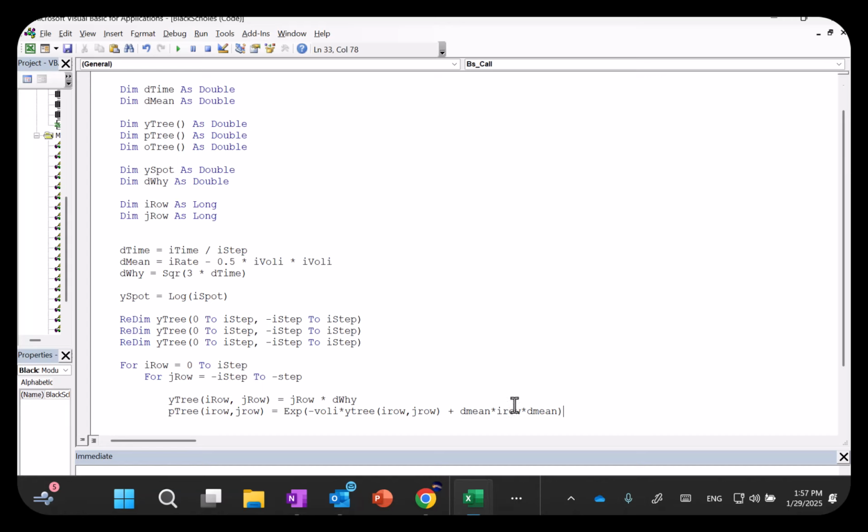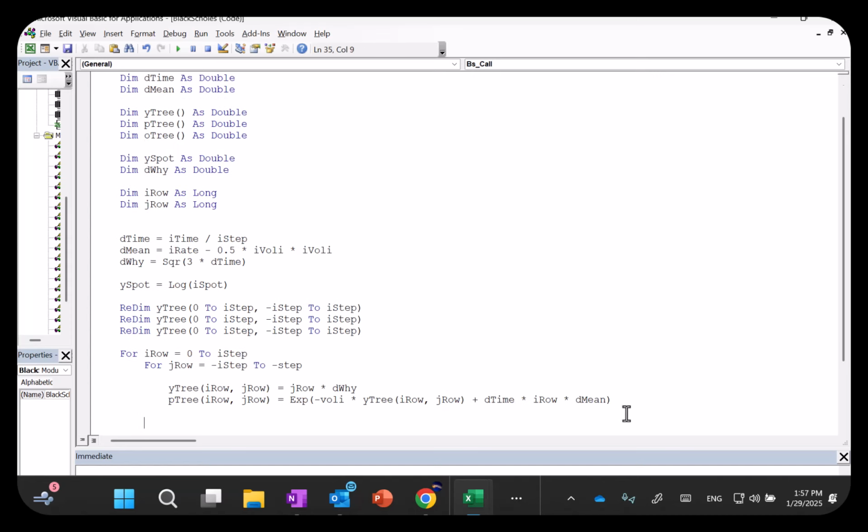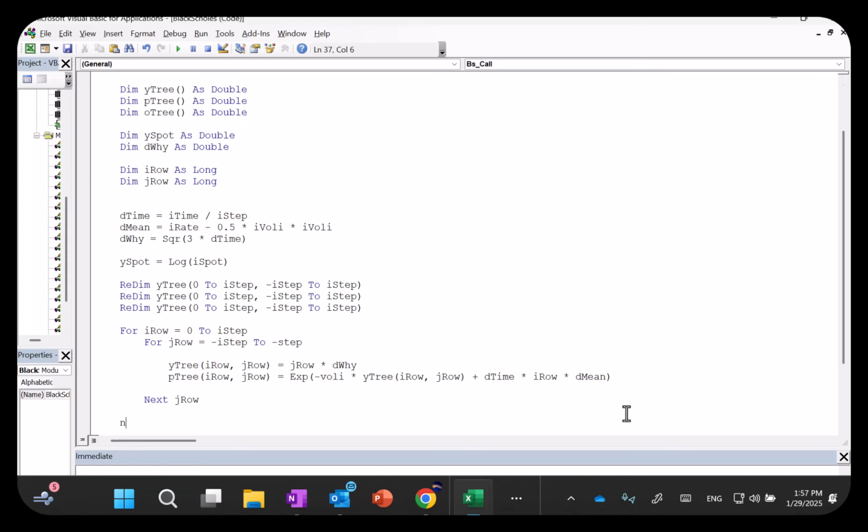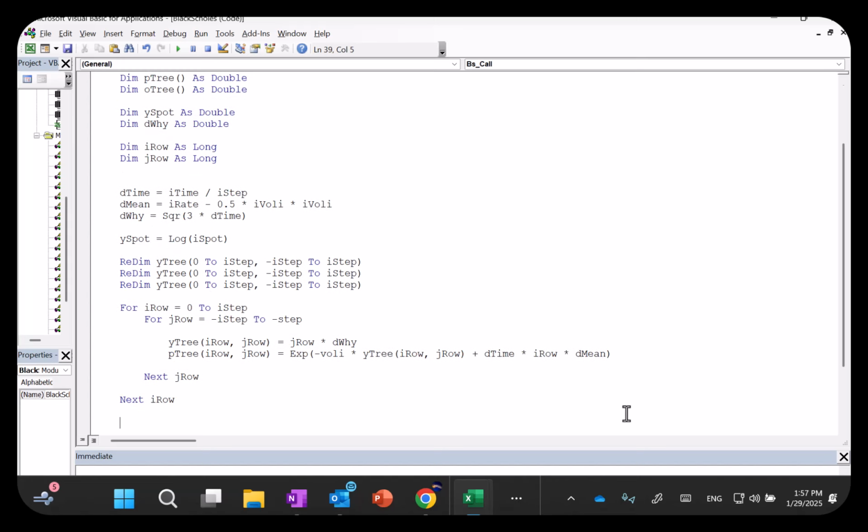In this case, I row times D mean D time. Next J row, next I row. So we constructed our Y tree and the price tree.